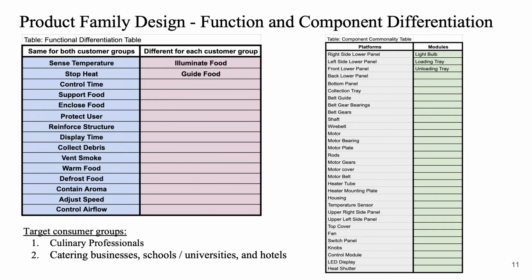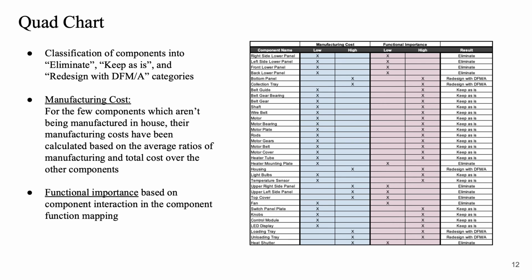With respect to the product family design, our team differentiated the functions derived from the FAST diagram for both the consumer groups, with basic functionality and unique or improved features such as illuminate food and guide food. Moving forward to the component commonality modules such as the light bulb, that is to obtain enhanced illumination and improve guidance of food through the modification of the loading and unloading trays.